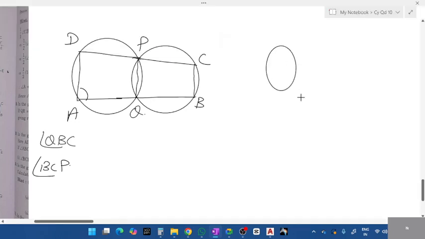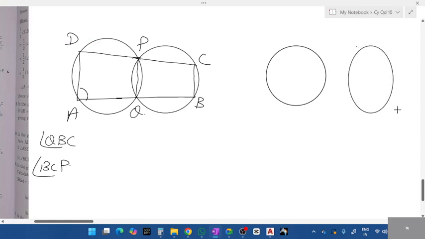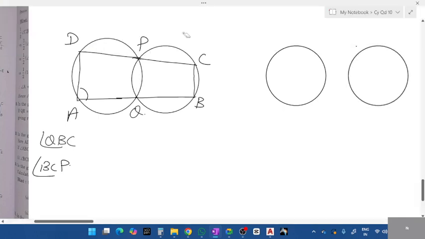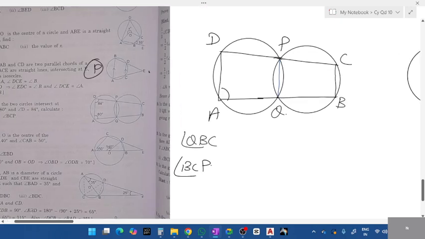Look, students, these are two circles which have a common chord. There is a theorem for this. I'll explain. See, PQ is the common chord, and the values are 80, 84 degrees.